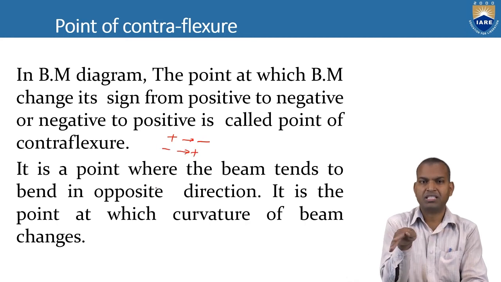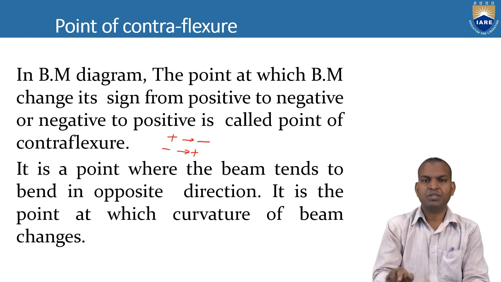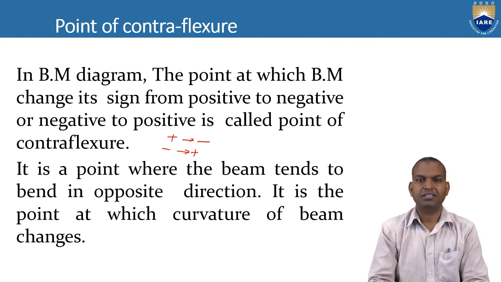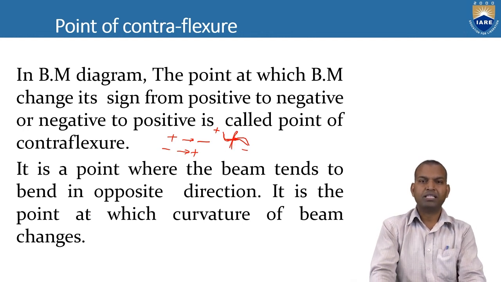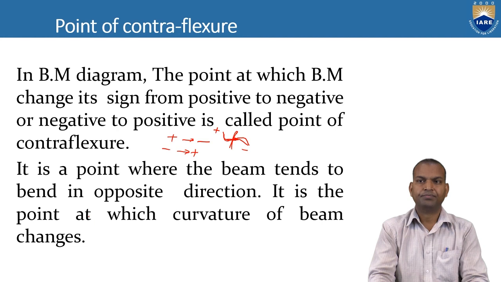The bending moment diagram changes, which means the values will be changed. From one side of the section it will be positive bending moment and on the other side of the section negative bending moment. You understand? This side is positive and this side is negative. The point where the diagram intersects is known as the point of contraflexure.